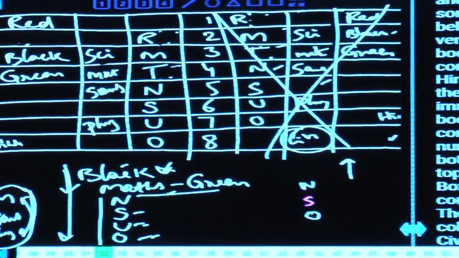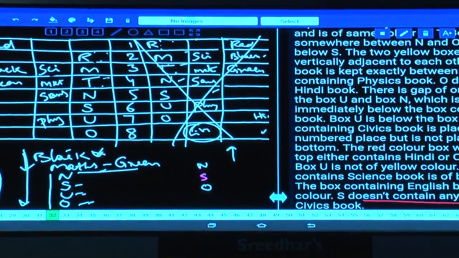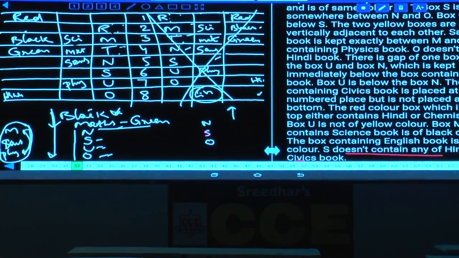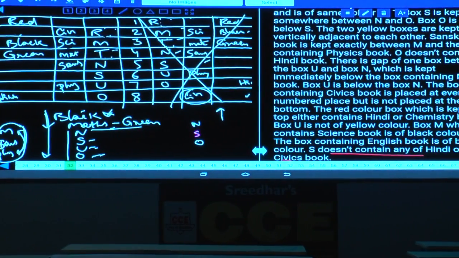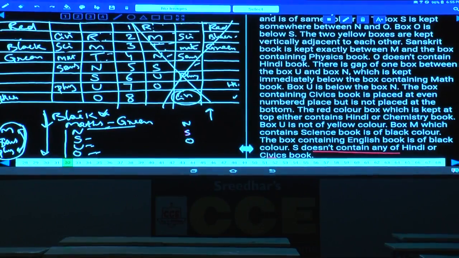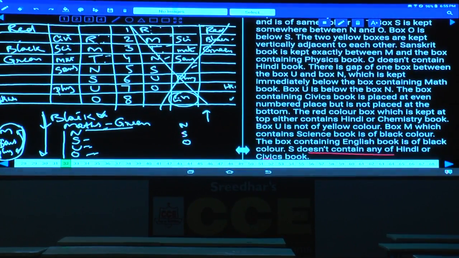Civics can be S or R, out of which S does not contain civics. So civics must be here. If civics is here, then what are the other two subjects left over here? And this O does not contain Hindi. The box containing English is of black color. And regarding this O, there is one more piece of information. What is the information here?